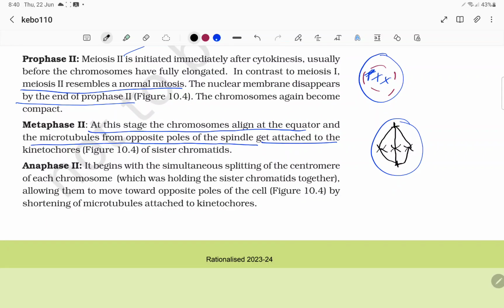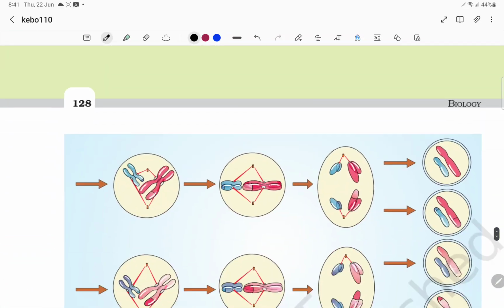Simultaneously, the splitting of the centromere is going to take place, allowing them to move towards the poles by shortening of microtubules attached to the kinetochore.